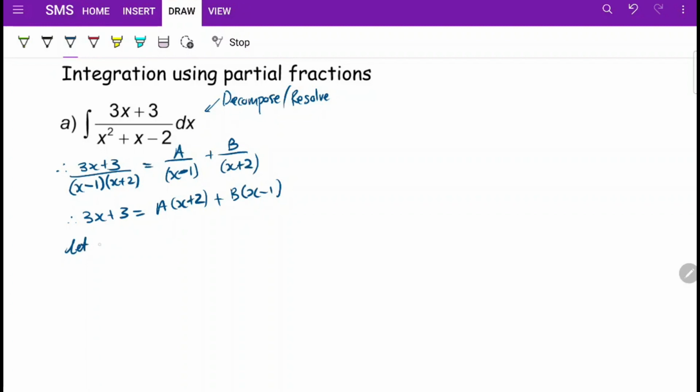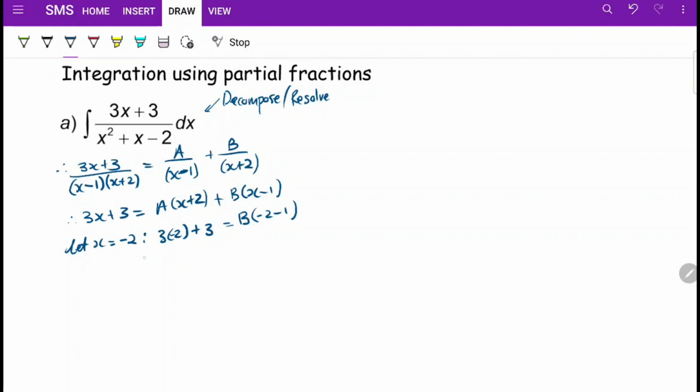So we will let x equal minus 2. If we let x equal minus 2, what we end up getting in the expression is 3 times minus 2 plus 3. On the other side, we will be eliminating the A by putting a negative 2 there, so we can work out B times minus 1.